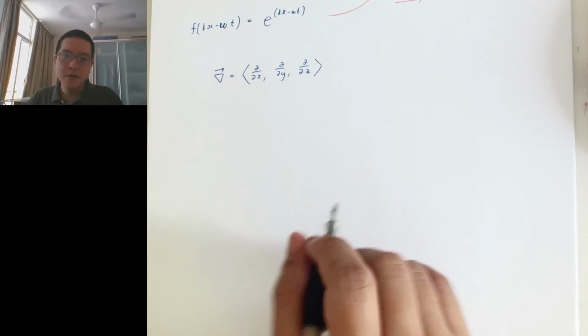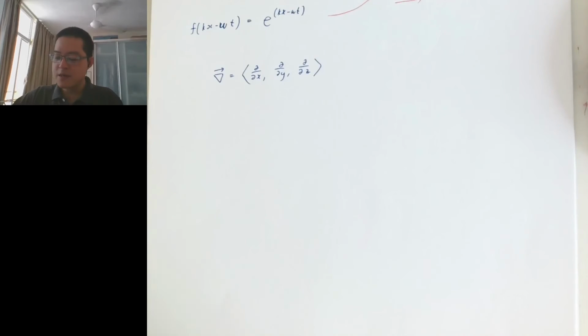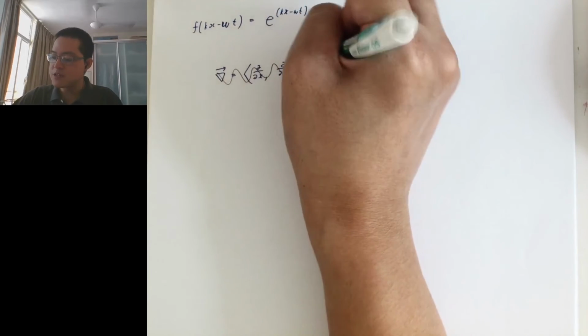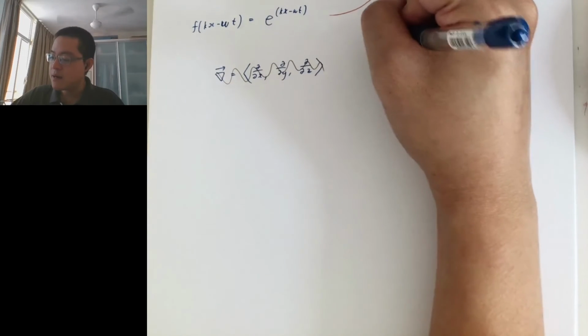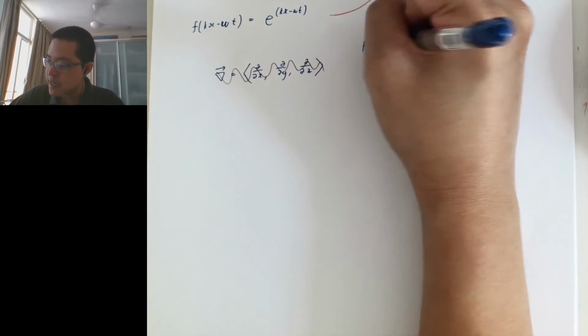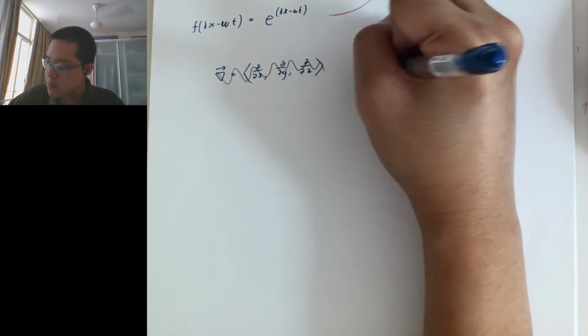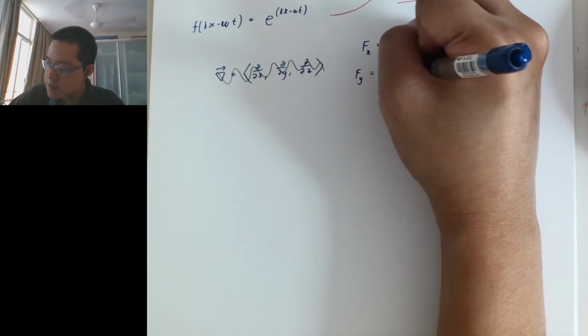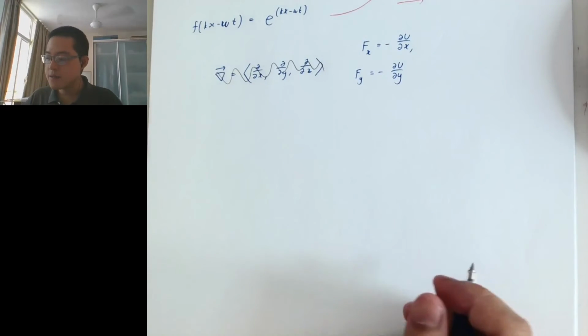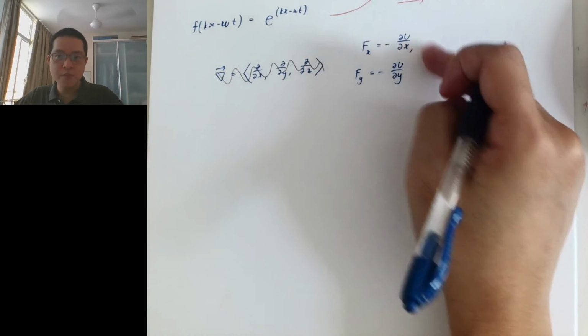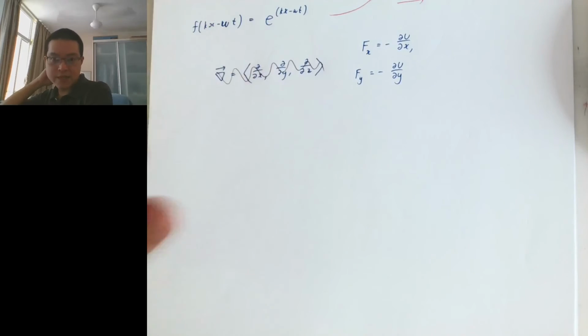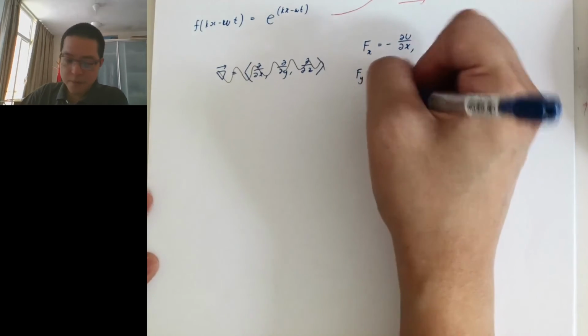We do not introduce the symbol yet, but I can calculate my force in the x direction by differentiating with respect to x, and my force in the y direction by differentiating with respect to y. This is my horizontal component, this is my vertical component. This was what we did last time when we were talking about potential energy.